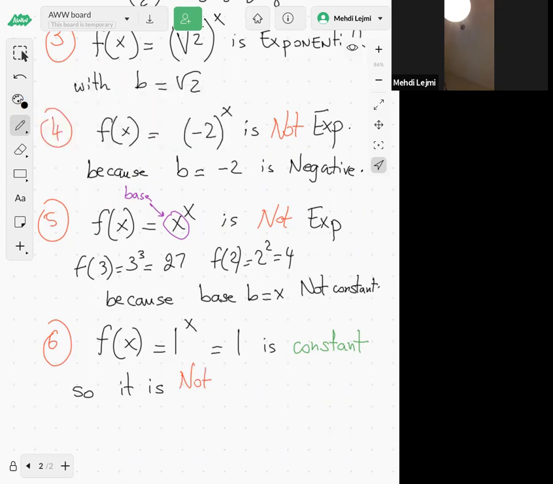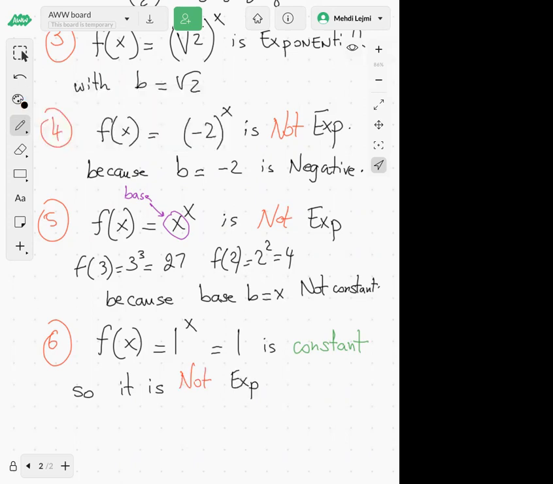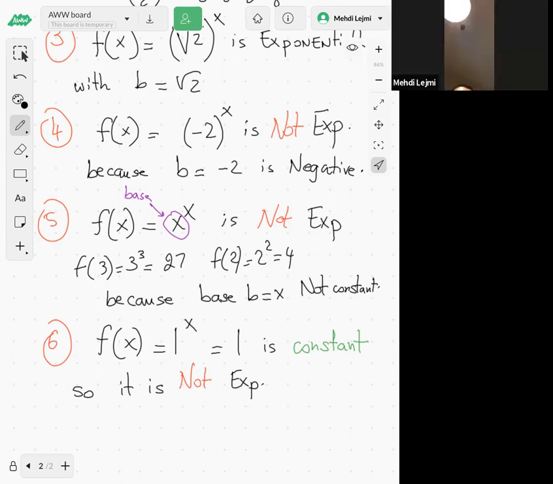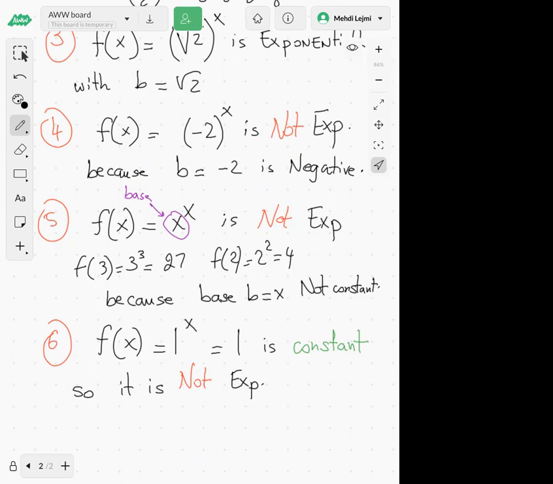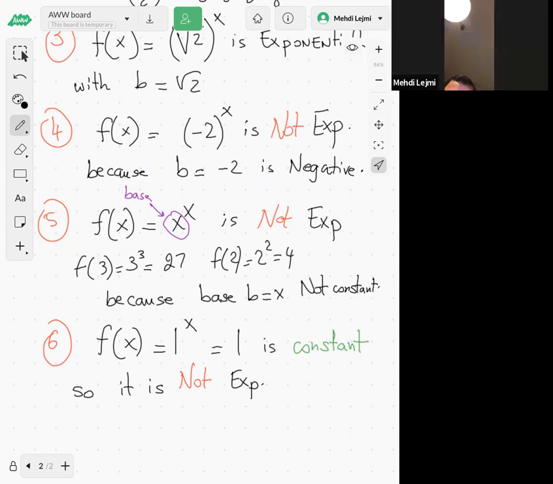It's constant, but it's not exponential. We don't count the constant function as an exponential, because 1 to the power x is always equal to 1, doesn't matter what x is. It doesn't change the value of the function f.